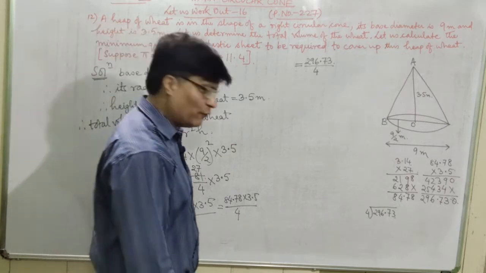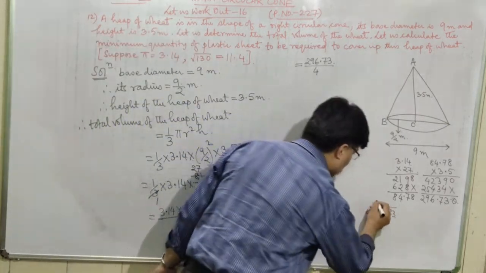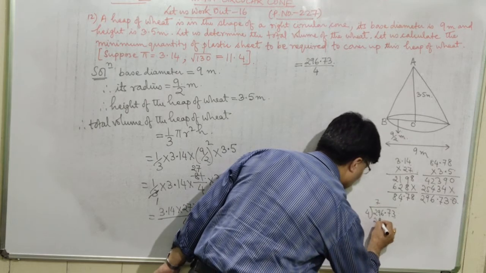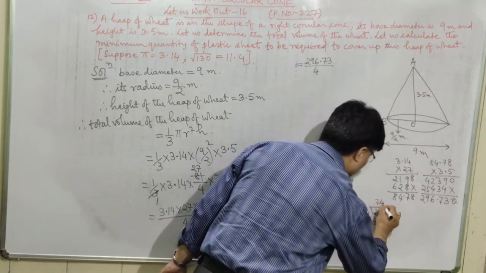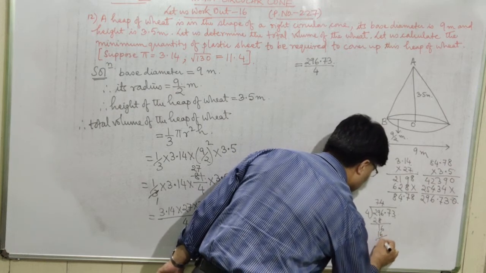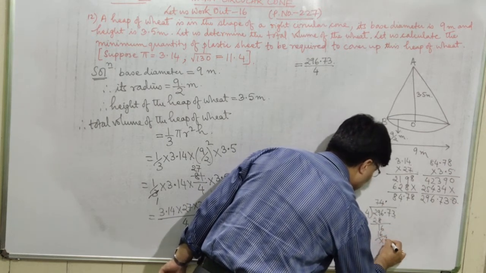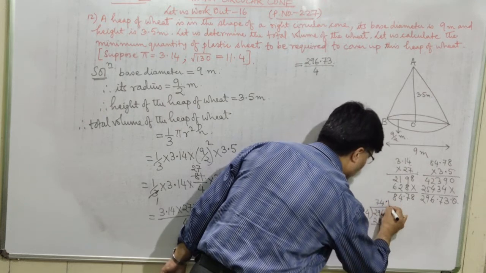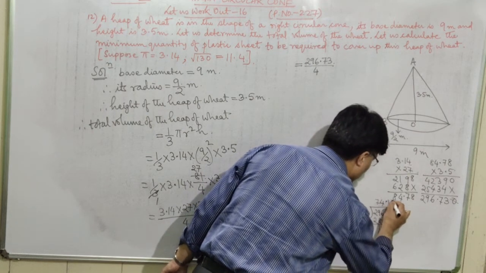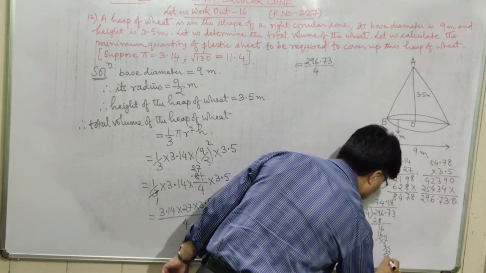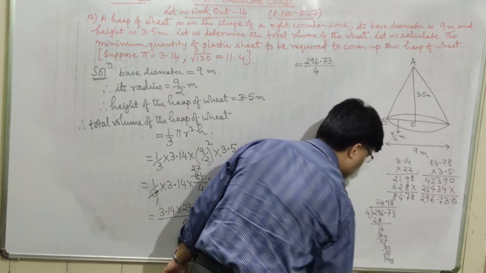296.73 divided by 4. 4 7s are 28. 1 6, 16. 4 4s are 16, cross, point, then comes 7. 4 1s are 4. 3, 33. 4 8s are 32, 1 0.